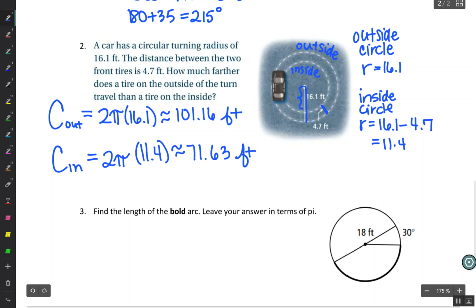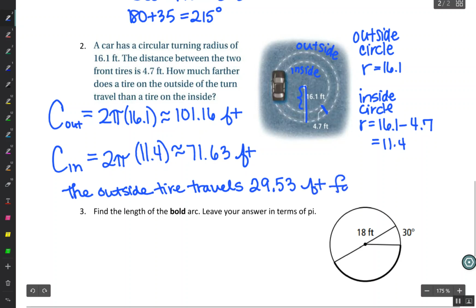And then we just subtract them. So the outside tire travels, we do a little subtraction, 29.53 feet farther than the inside tire.